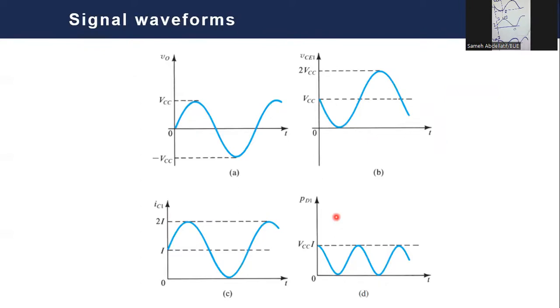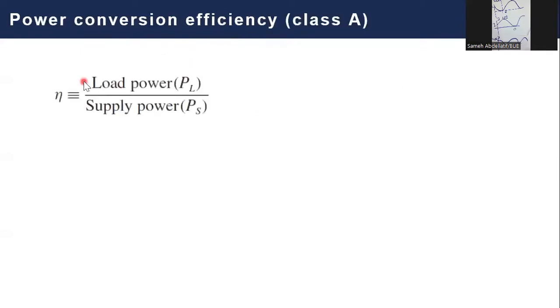That's why, in order to calculate the efficiency of this stage, you should divide the power reaching the load, which represents the targeted power, over the whole power you consume in your circuit.